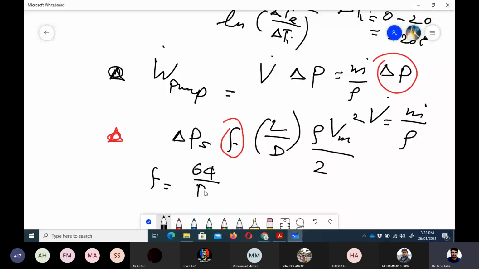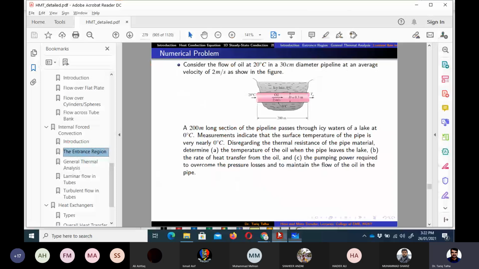Because we know the Reynolds number is 666, we can calculate f, and the other variables we already know from the data. So we can calculate delta P, which is the pressure drop, and once we get the pressure drop, we put it here to calculate the power required for the pump to make this flow happen at this mass flow rate. So now it is just a matter of putting in the numerical values.